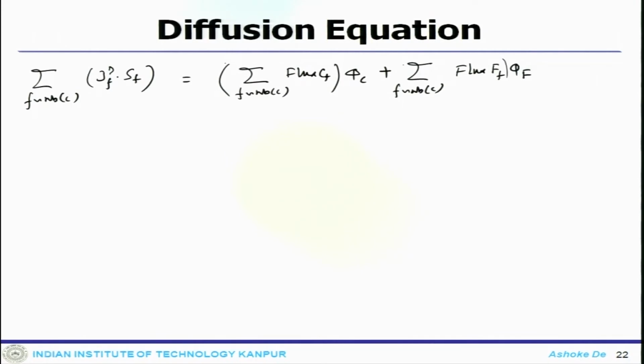And this you can put in the bracket, plus summation of f going over c, you have flux Vf.